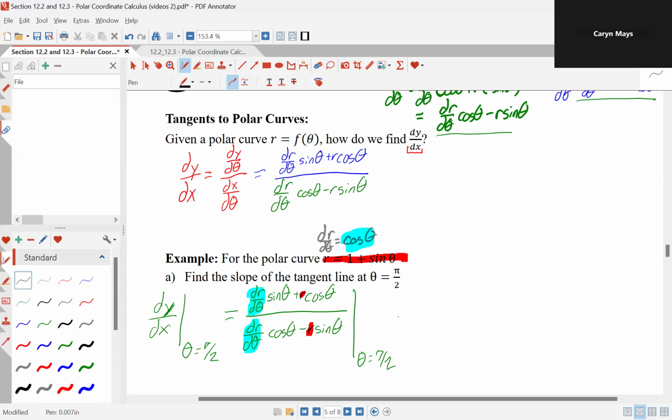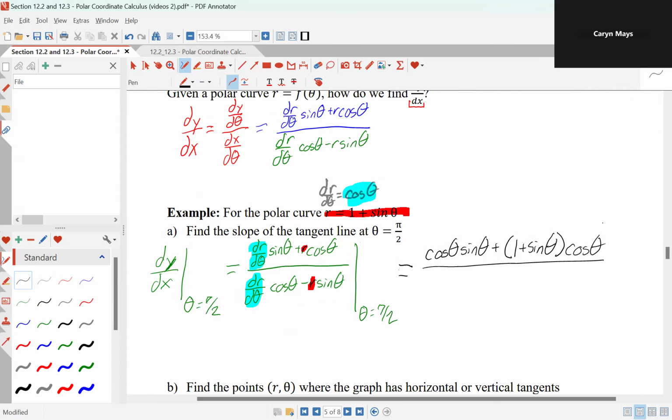Filling those pieces in, we get cosine theta sine theta plus 1 plus sine theta cosine theta all over cosine theta cosine theta, or cosine squared theta, minus 1 plus sine theta sine theta, at theta equals pi over 2.